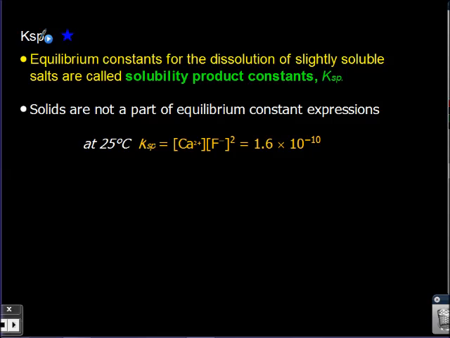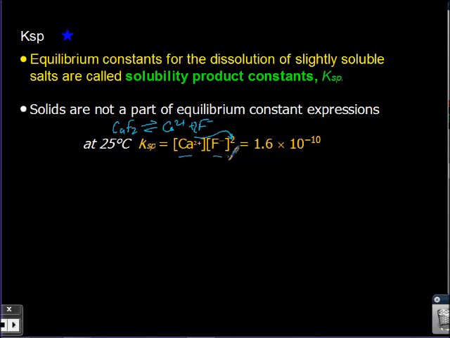Once we know how to do a dissociation reaction, writing them out with the ions, we're going to make our equilibrium expression the same as we did, with products divided by reactants, and we're going to use the coefficients as the powers. So this one was CaF2 going to Ca2+ and F minus. There's two F minuses, so the 2 becomes the power here, and I have Ca and F.